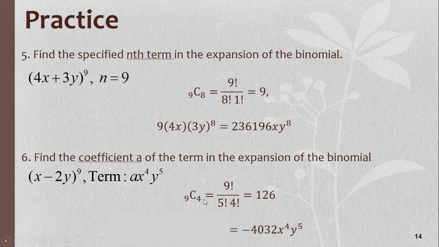So figuring Pascal's number, we can do it this way, or could have looked if we have a big enough Pascal's triangle. 126. My x term is just x, so it's x to the 4th. My y term here is negative 2y, so it's negative 2y to the 5th power. If I multiply that all together, I get this result.